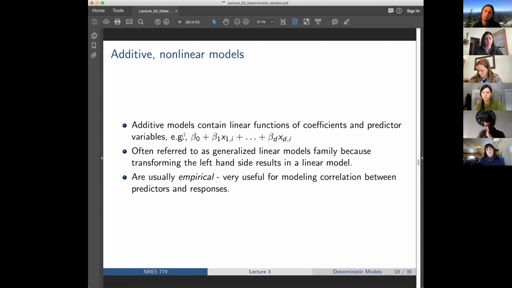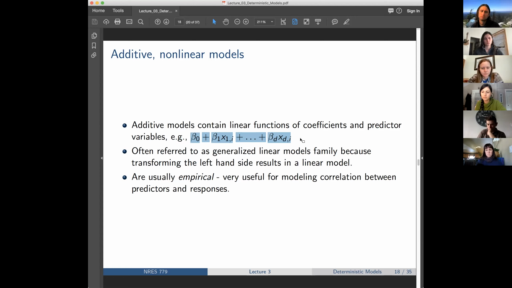We do something to this to make it match the support of our data. For example, if we take the exponent of this, the values are always going to be positive. And that's going to match data that are only observed in the positive world. If we are interested in probability of success, we can transform these values here so they always fall between 0 and 1.